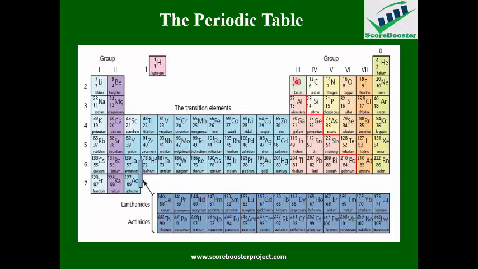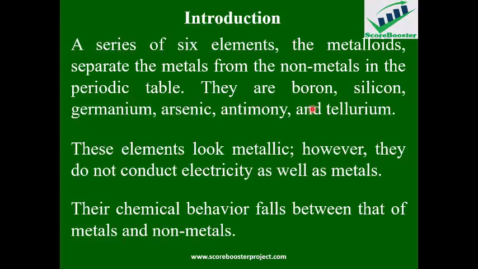So we want to take the metalloids today, and especially in detail we want to take boron and silicon, because those are the most common elements, and their compounds are the most common in metalloids. So these are the boron and silicon that we want to take for today.